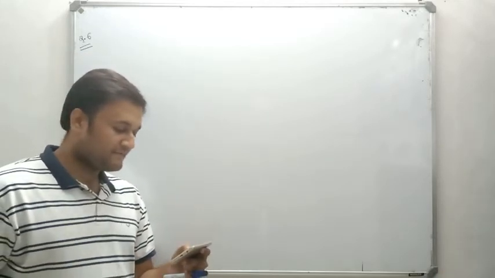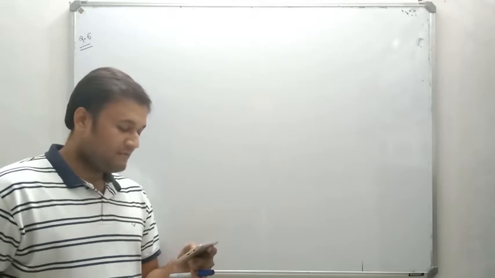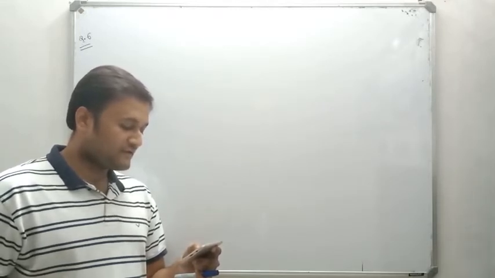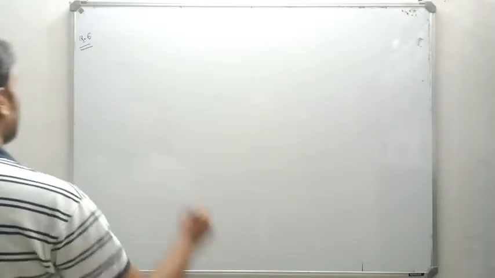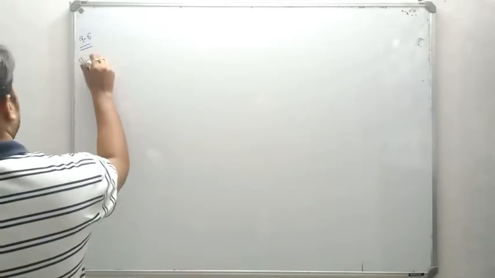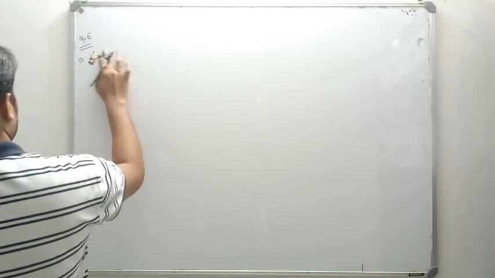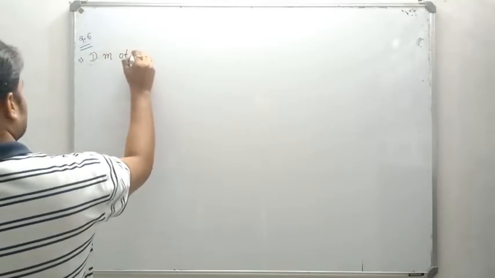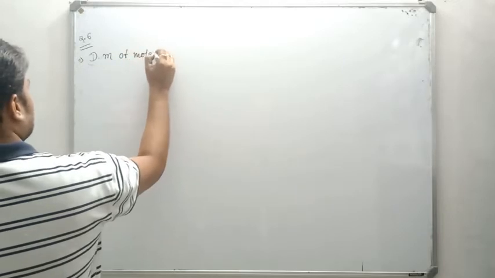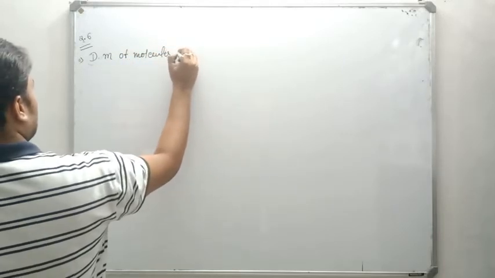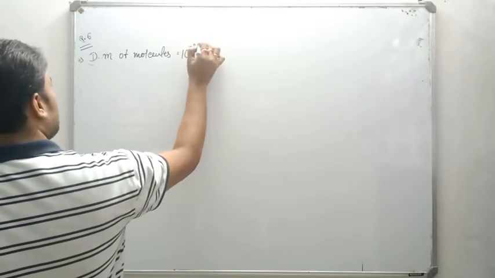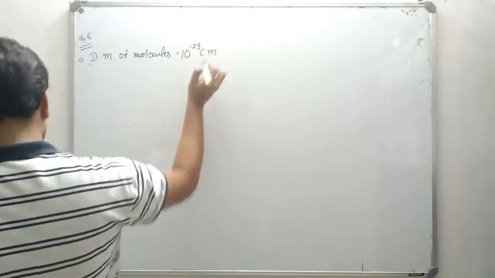A mole of this substance is polarized by applying a strong electric field of magnitude 10⁶ volt per meter. Here the dipole moment, dm, called the dipole moment of molecules, is 10⁻²⁹ coulomb meter.